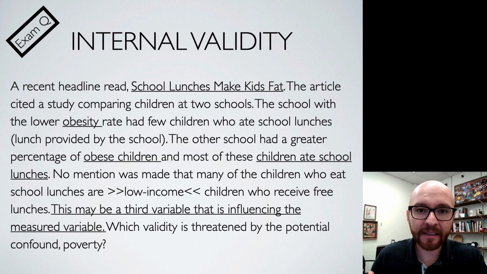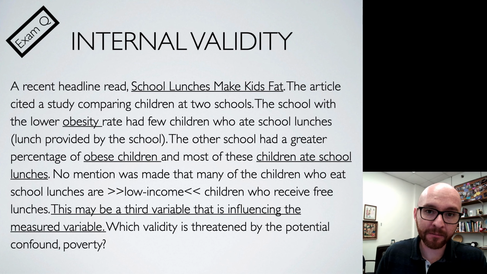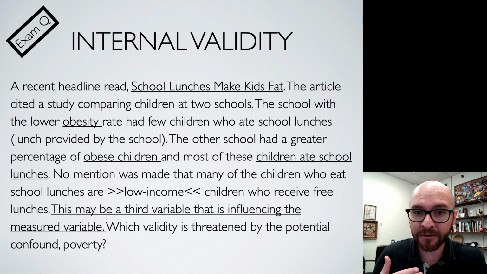Well, is it that eating the school lunches leads to obesity, or do children who are more overweight tend to just eat more school lunches or eat school lunch more often? Now, that kind of seems like a weird direction for the relationship to take, right? But that's a possibility. You don't know that. You can't rule that option out. You have another issue with making that causal claim.